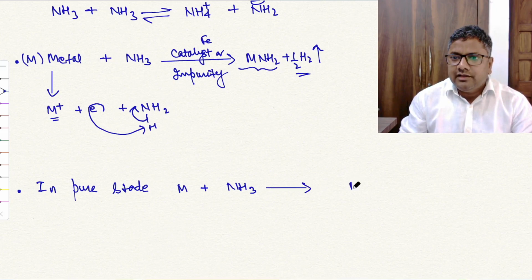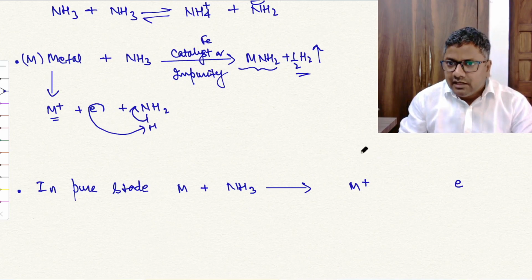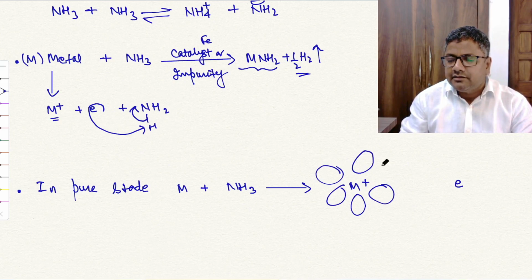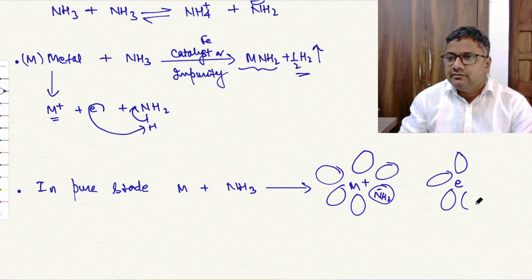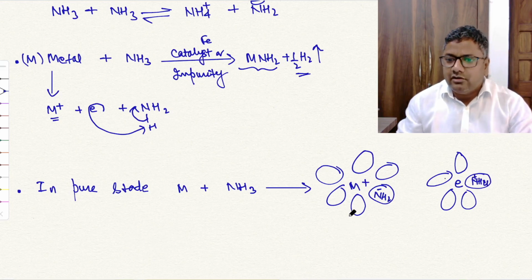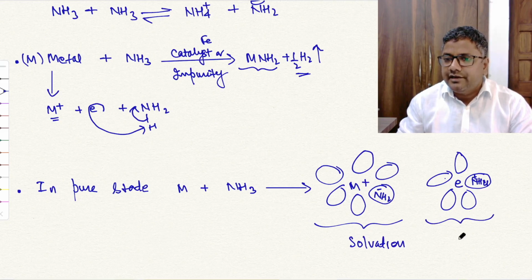Instead, M+ ion and electron form by ionization, and the M+ ions are surrounded by NH2- basically, and the electron is surrounded by NH4+. This process is called solvation, and this is called a solvated electron.